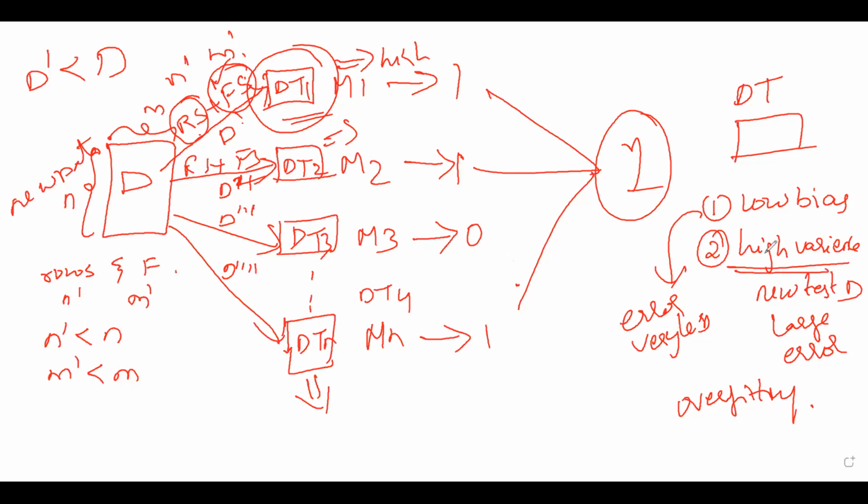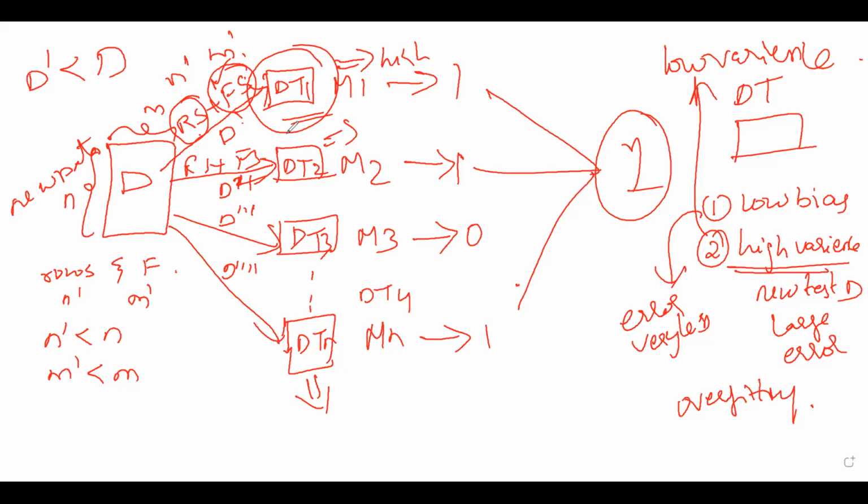Because we are using row sampling plus feature sampling to give each decision tree its training data, each tree becomes an expert with respect to specific rows and features of the data set.